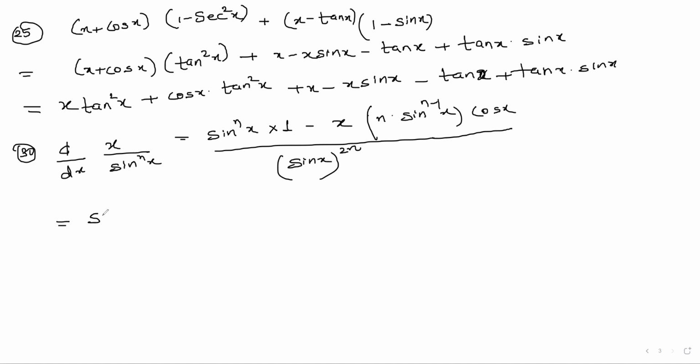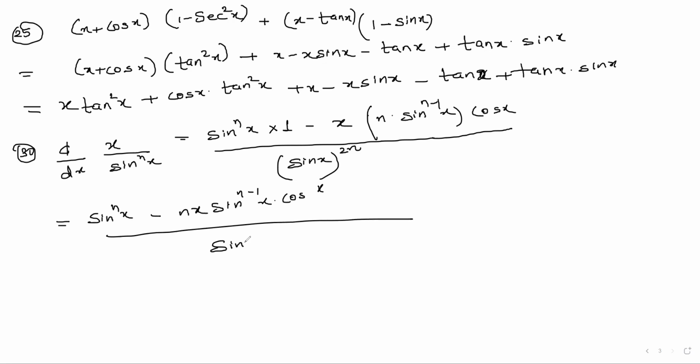Now this is equal to, open the bracket, sin nx minus nx sin to the power n minus 1 of x into cos x, by sin x to the power n. Okay, Noma? Yes, sir. Any other doubt? No, sir. Okay, very good.